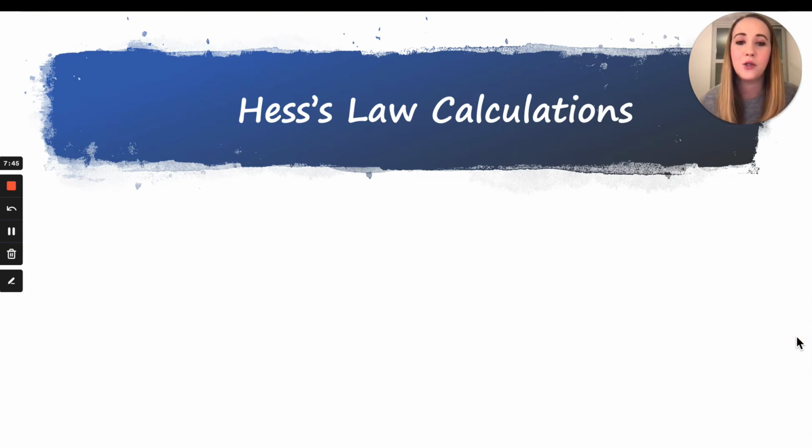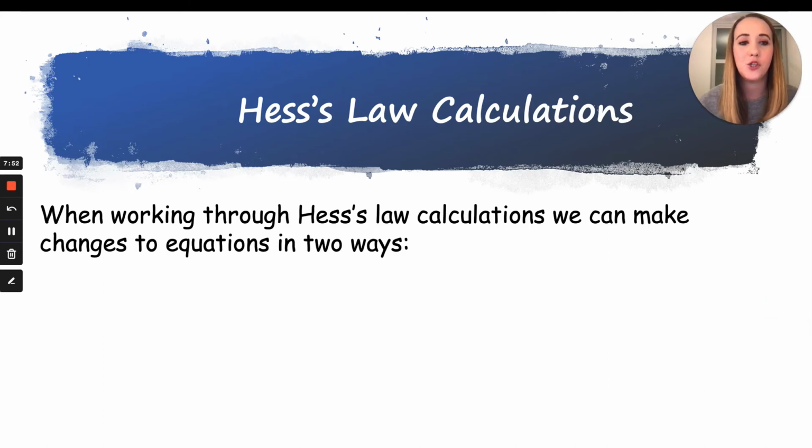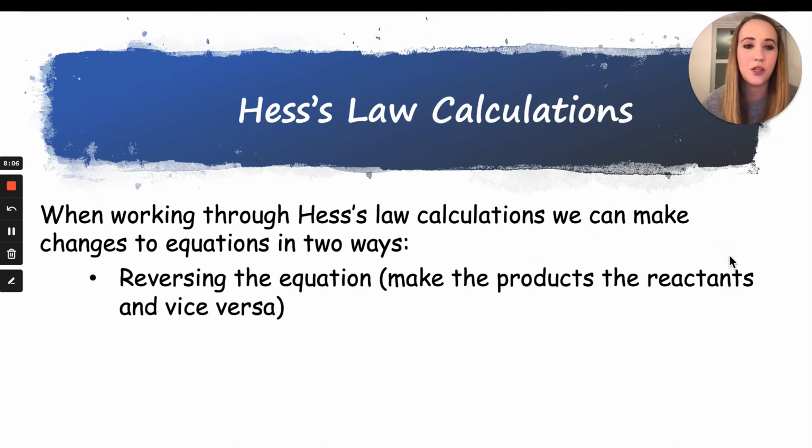Okay, so as I said, it'll make more sense when we actually see the examples we're working through, but just so that you've got an idea of what's behind the calculations we do, take a wee note of the changes that we're going to make in these calculations. So there are 2 ways that we can change equations when we're constructing our target equation.